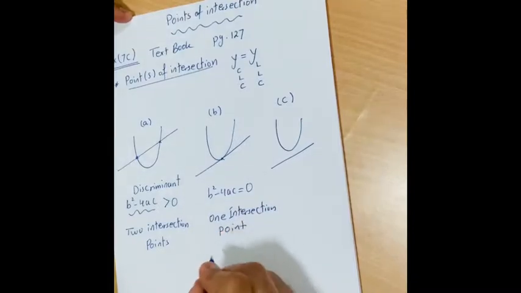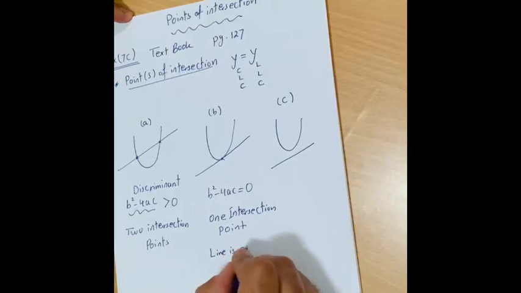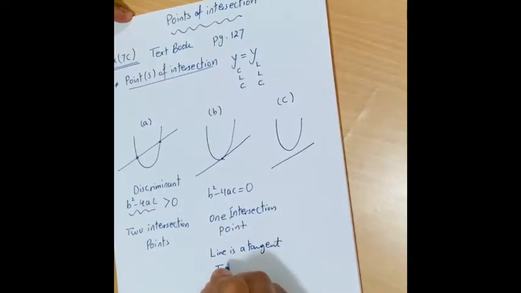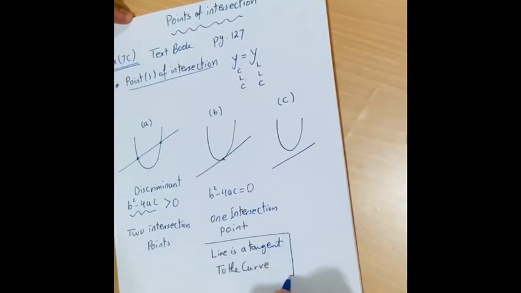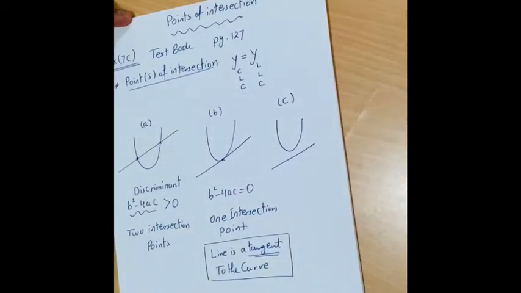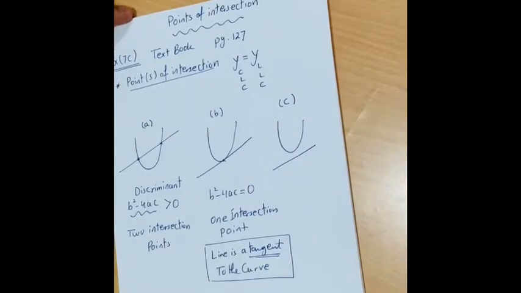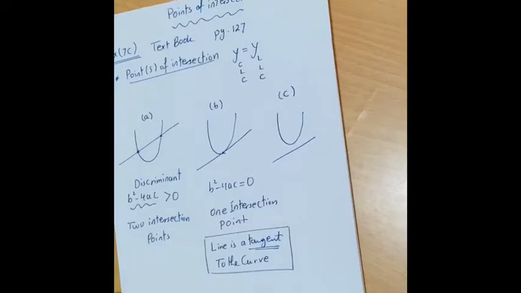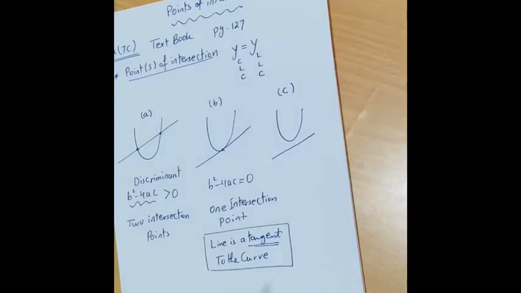Or we can say that the line is a tangent to the curve. We're going to use this word a lot in the coming questions, inshallah. A tangent is a line that touches the curve, so we call that line a tangent.